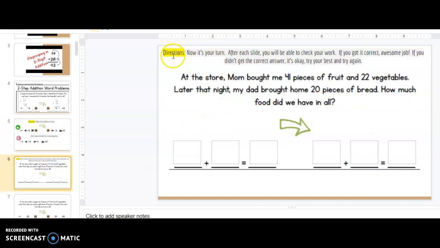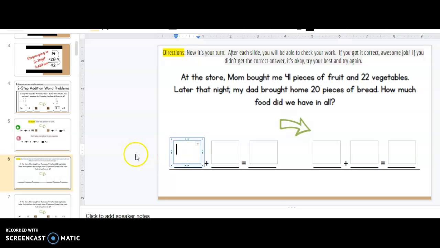So you're going to move on and the directions say now it's your turn. After each slide, you'll be able to check your work. If you got it correct, awesome job. If you didn't get the correct answer, it's okay. Just try your best and you're going to try again. So this is the page that you need to complete. It's empty, right? And you see the squares here. For each square, you can click inside of it and type whatever number belongs there.